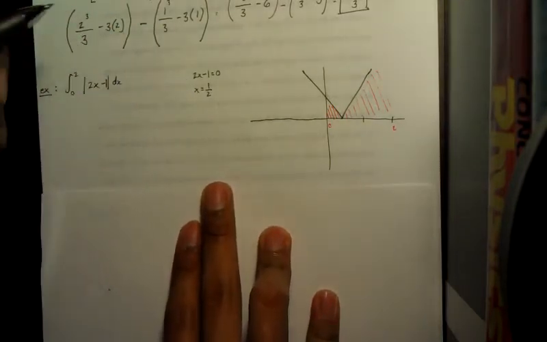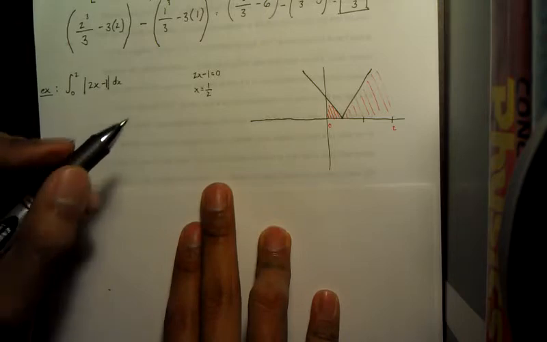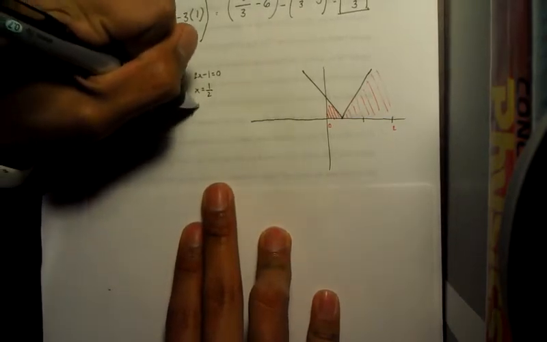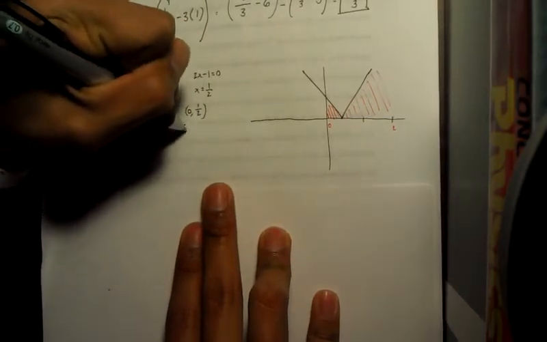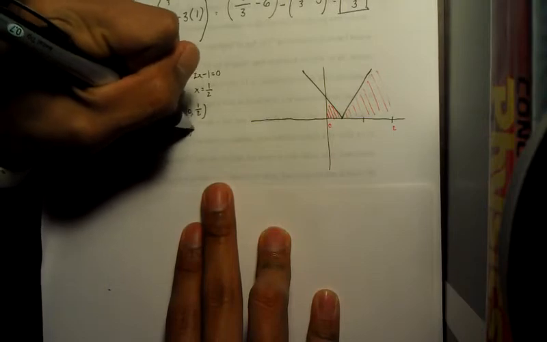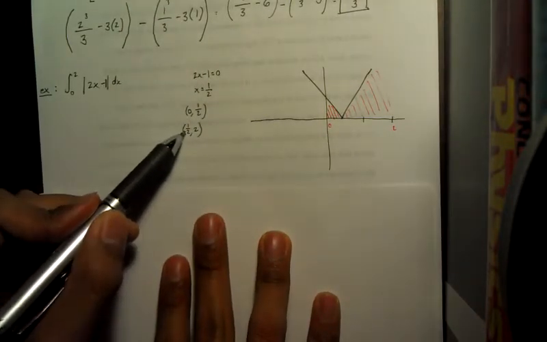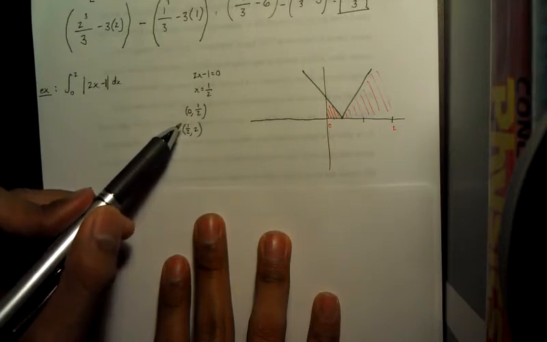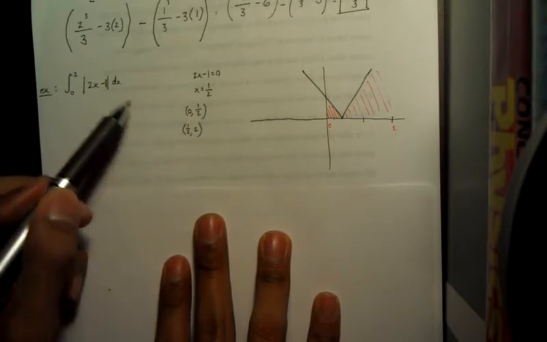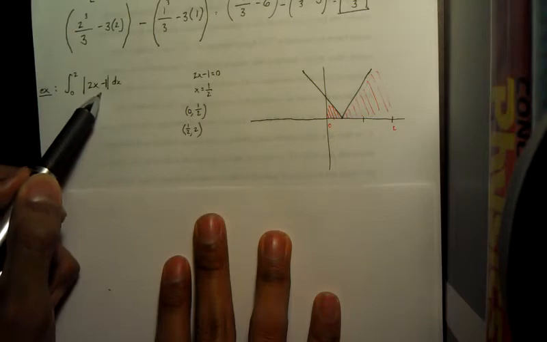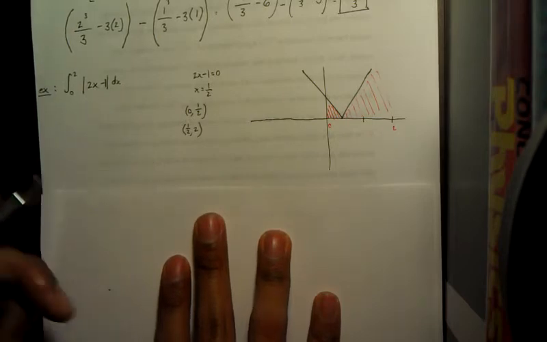Now we need to figure out, okay, from 0 to 1/2 and from 1/2 to 2, which one will give us a negative value and which one would give us a positive value if we plugged it into this 2x minus 1.